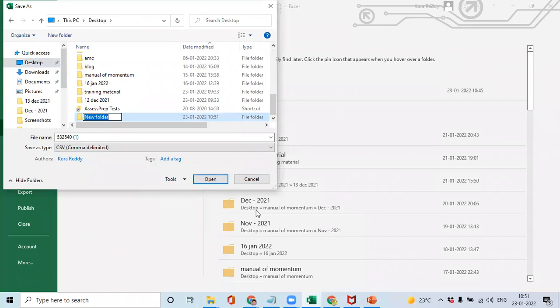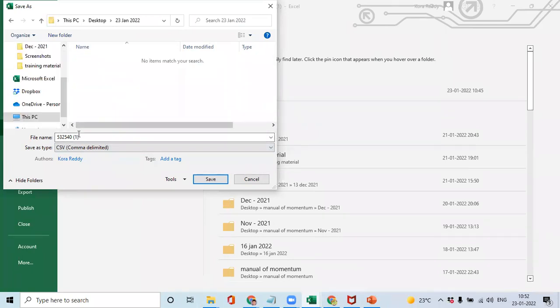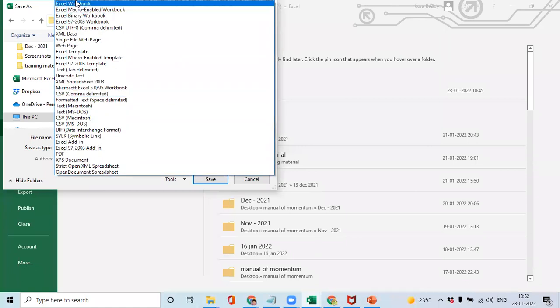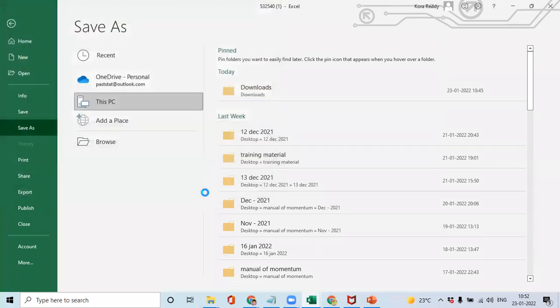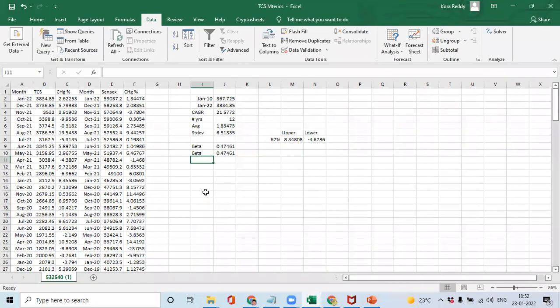I will call that 23rd January. So this is the TCS matrix. It is not a CSV file, it's an Excel file. If I save as CSV, all the formulas will go, so you have to store it as Excel.